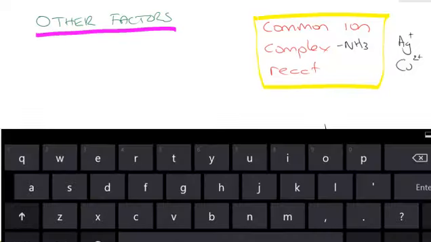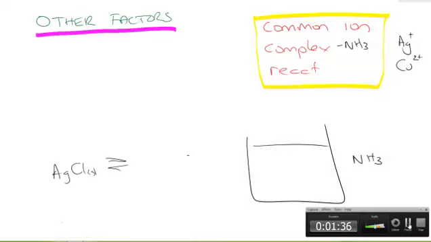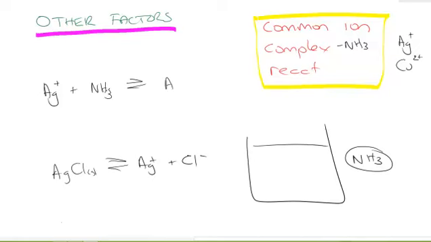and then the ammonia, even though it isn't a common ion, this is not an example of the common ion effect, so I'll just write this equation back in. The ammonia can form a complex with silver, so the ammonia will react with it.